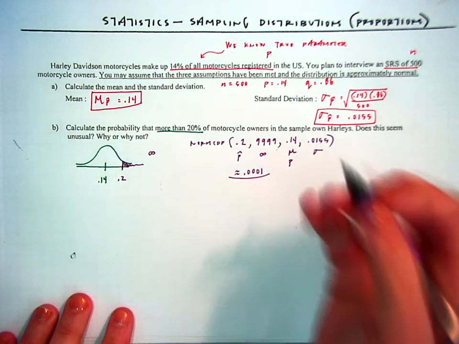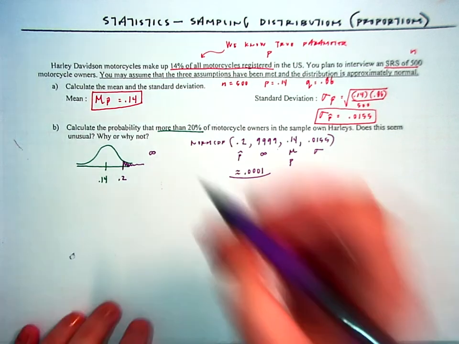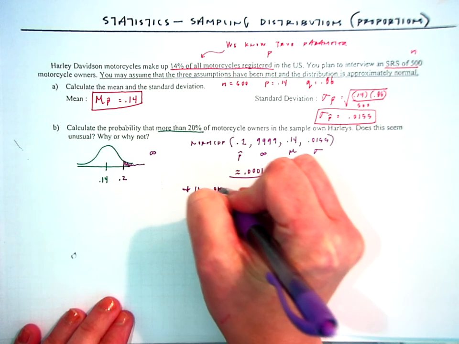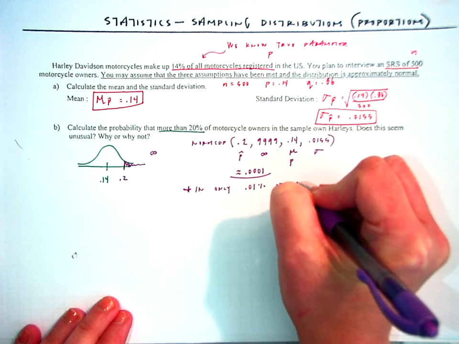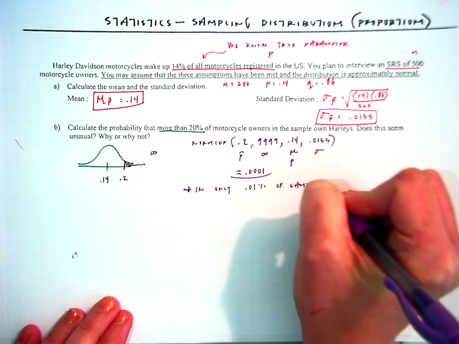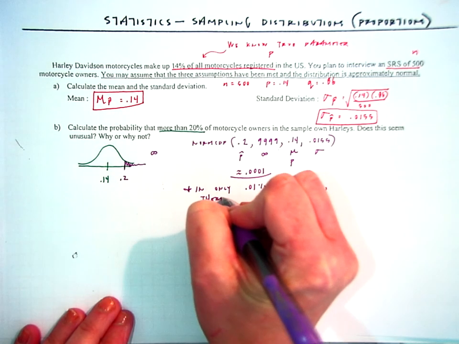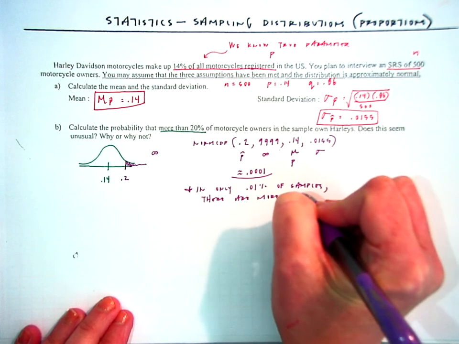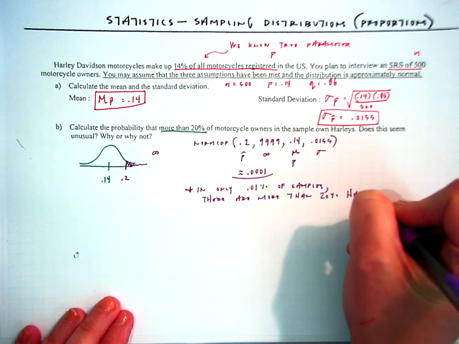If I make this a percent, I would expect this to play out in only 0.01% of samples. If I write myself a summarizing statement, I can say, in only 0.01% of samples are we seeing this result: there are more than 20% Harley-Davidson owners.